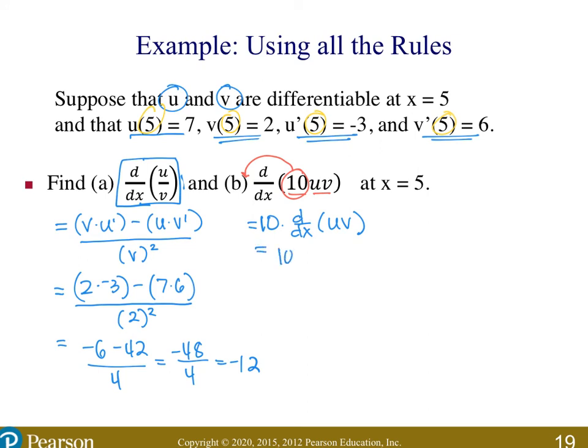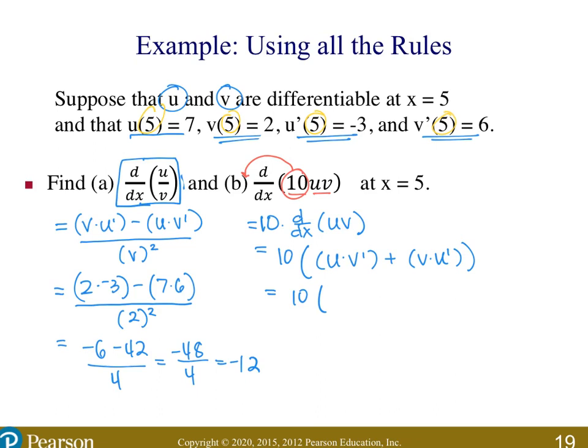So that would be 10 times, and then we do the product rule for our rule now. And our product rule starts with u and multiplies by v prime, and then switches to v multiplied by u prime. So I'll still have 10 in front, and now I can put all the values in.